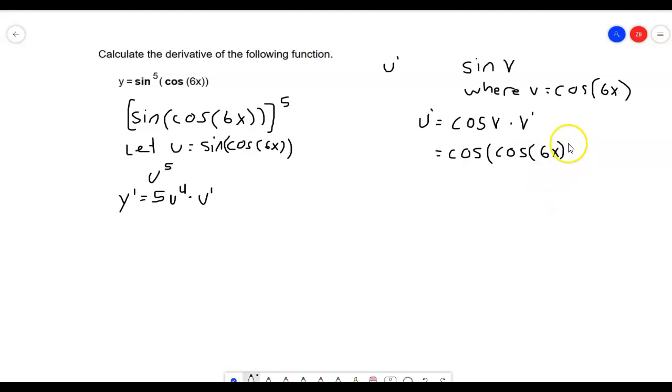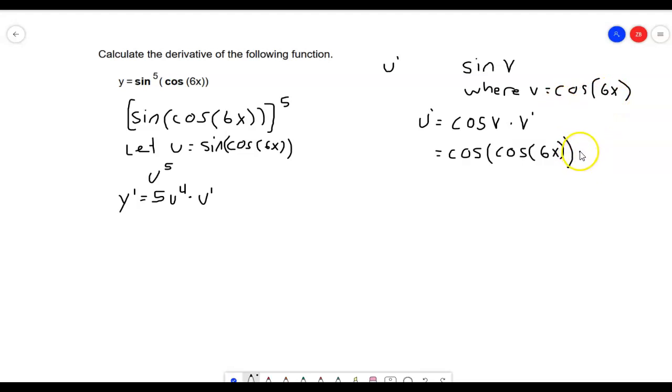times the derivative of v, and the derivative of the cosine of 6x, where we have to apply the chain rule again, but this time let's do it without the u substitution. The derivative of cosine is negative sine, and the derivative of 6x is just 6. So that's just applying the chain rule in our head this time.